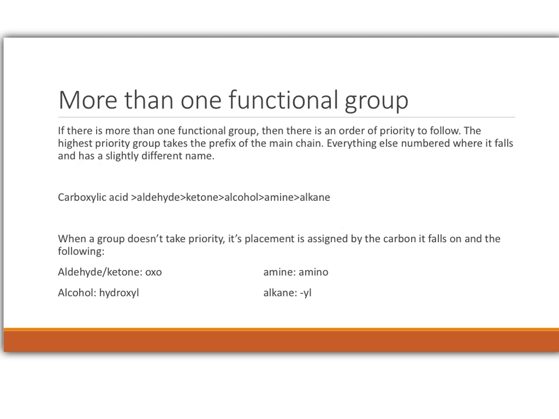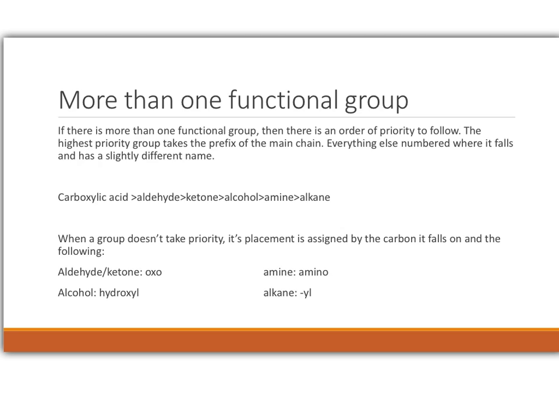But if there's more than one functional group, there is an order of importance or priority that determines which functional groups get to take on the end name, and therefore you put their end suffix on, versus becoming just side groups.